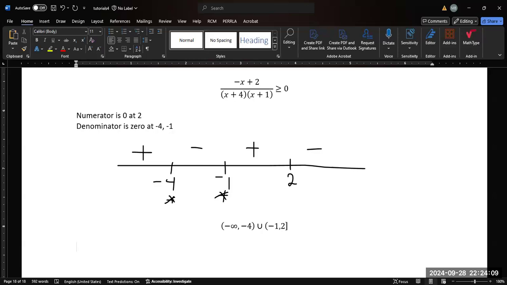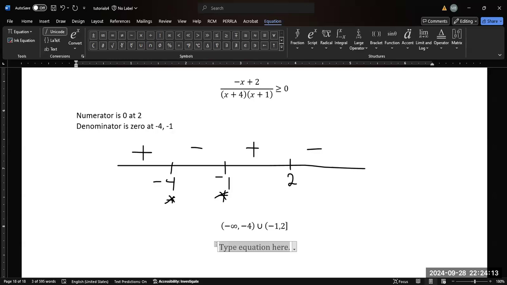Now, just as a side note, you can compare this to -x plus 2 times x plus 4 times x plus 1 greater than or equal to 0.